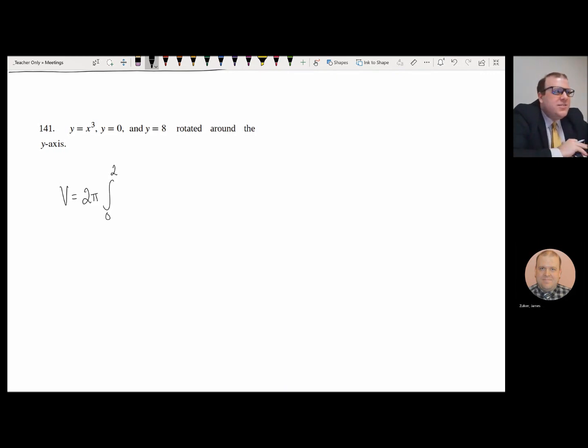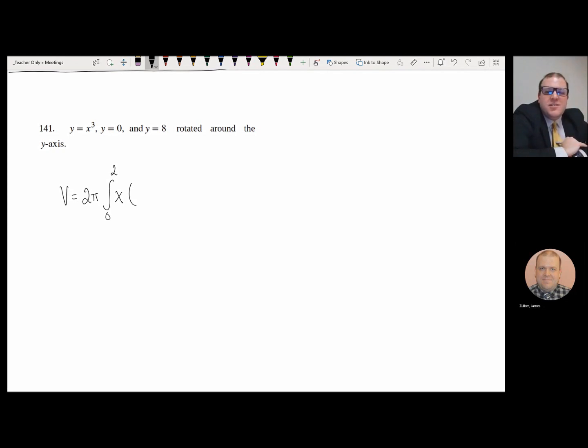What's our radius? Just x. Do we have 2 curves? So it's going to be a difference of heights.